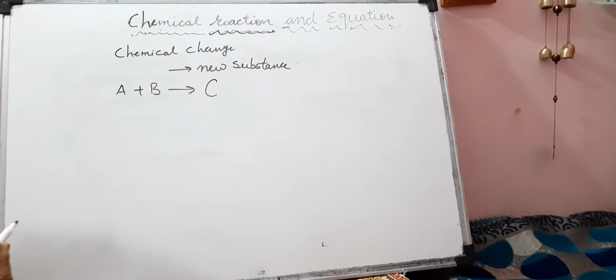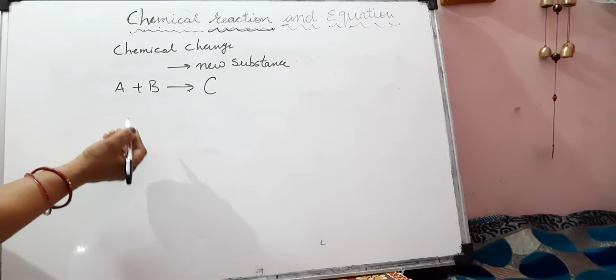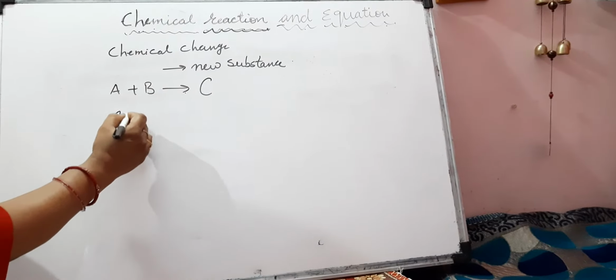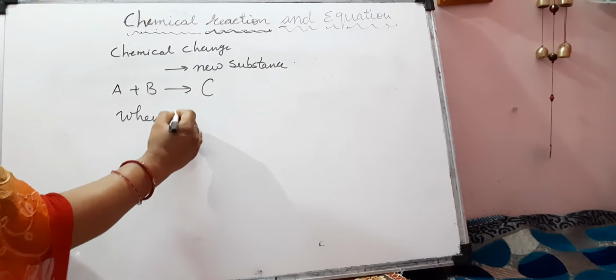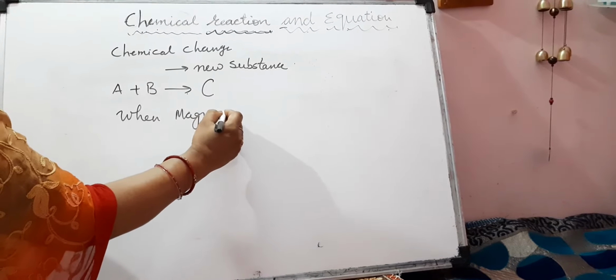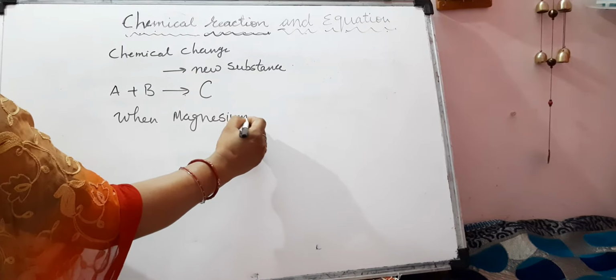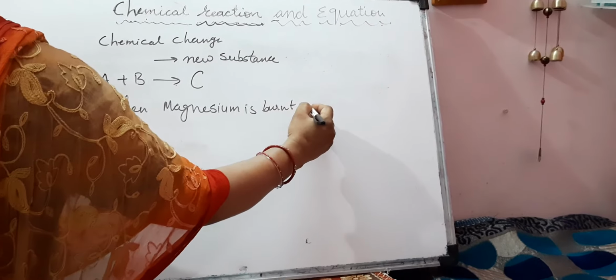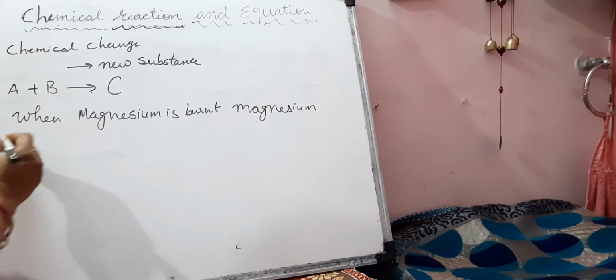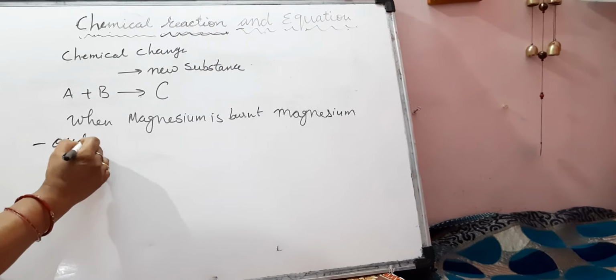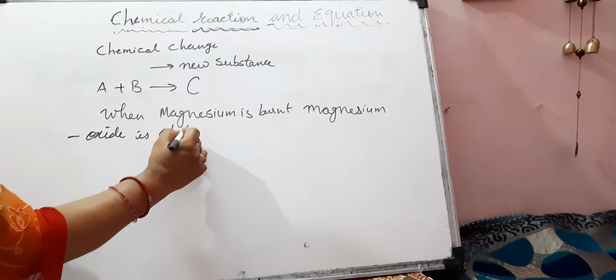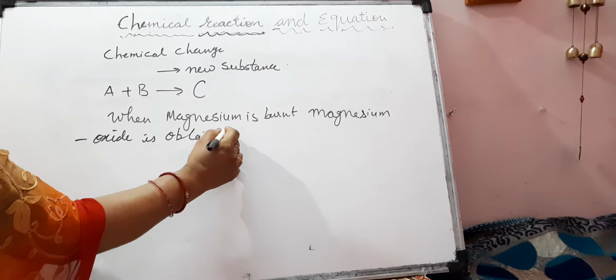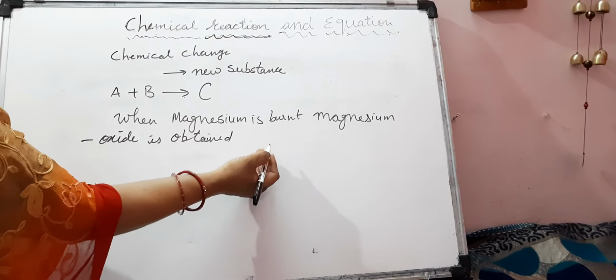Like we are saying when magnesium is burnt, magnesium oxide is obtained. Here we are describing a chemical reaction.